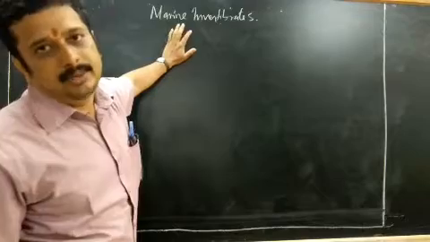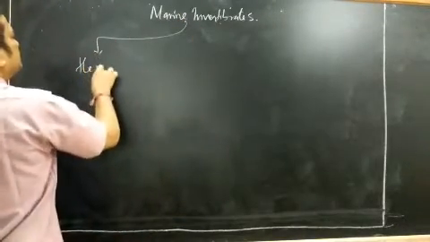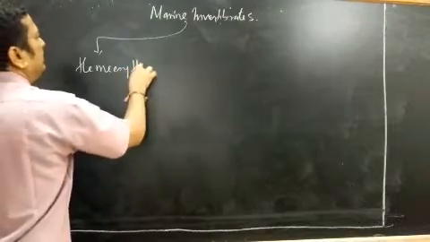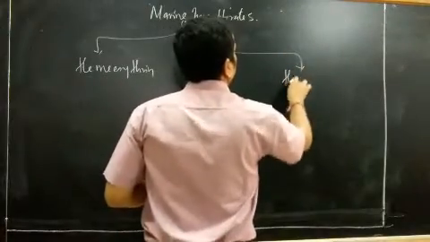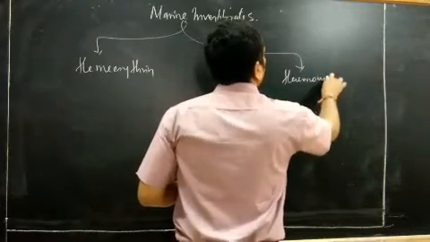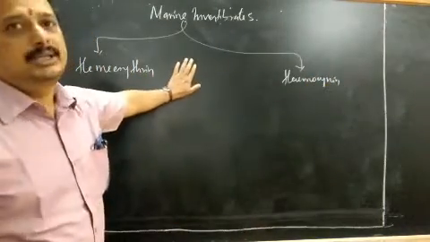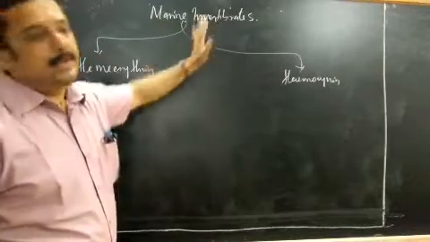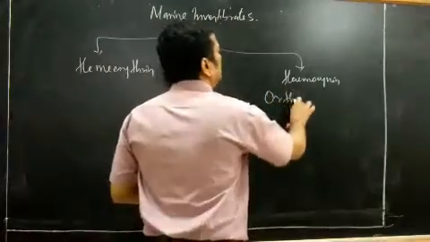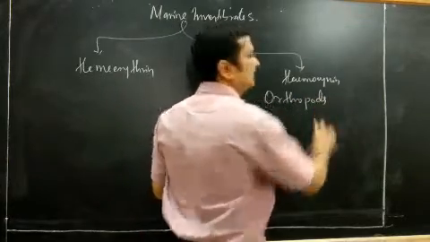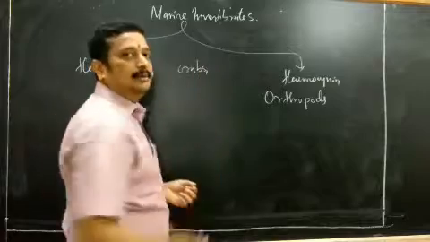Similarly, in marine invertebrates, we will see proteins like hemerythrin and hemocyanin. These are the proteins which help in transportation of oxygen in marine invertebrates, especially in the phylum Arthropods: lobsters, crabs, and pinna.